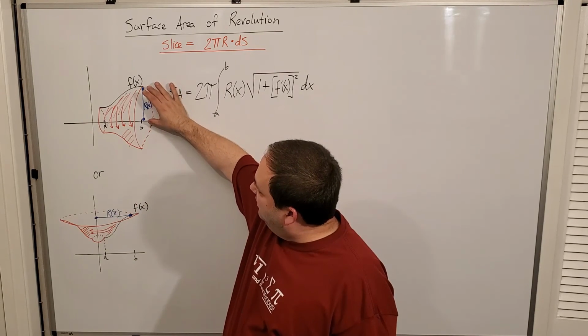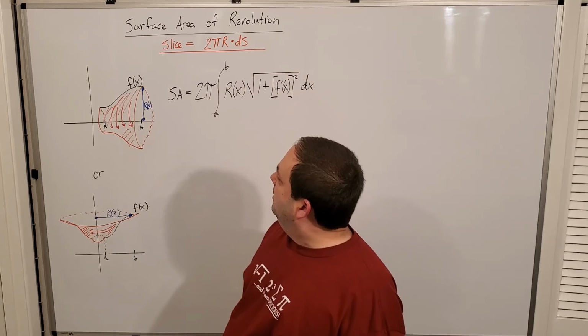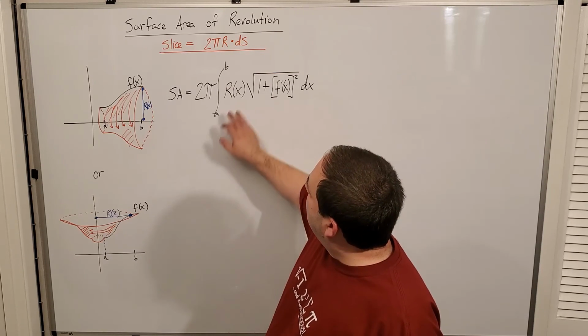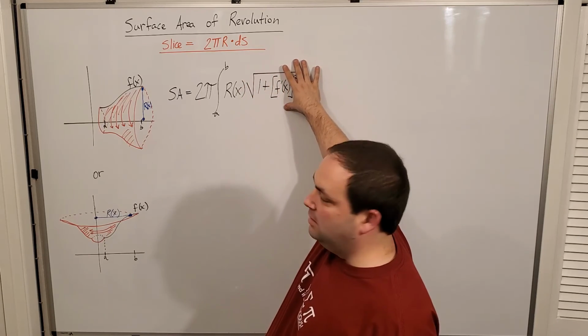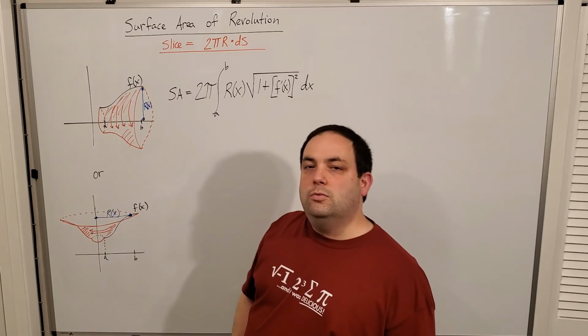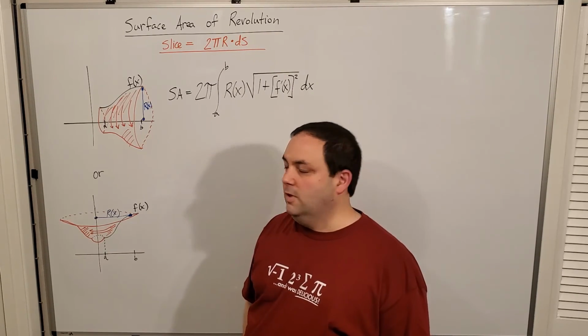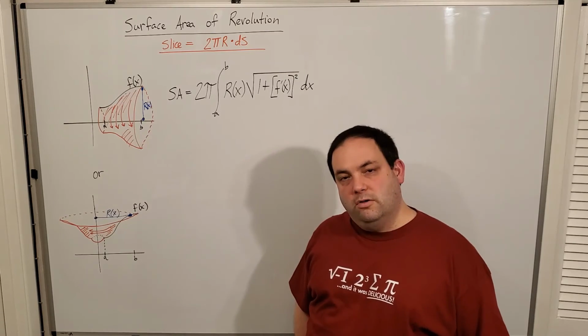And if you're doing it around the x-axis, it'll be the function itself, okay? But regardless, after you set up that function, you have your ds length calculation, and then you simply have an integral to perform, okay? Let's get a couple of examples of this formula.